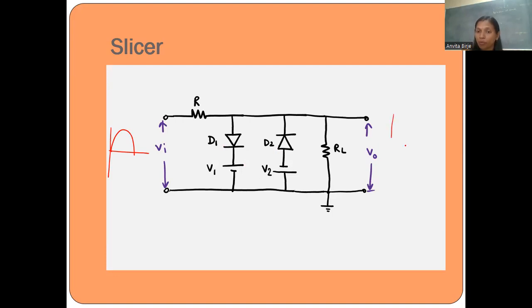So at the output, I'll get V0 equal to voltage drop across D1 plus V1 voltage. Here again I am considering V1 as 1 volt. So the value of V0 is 1.7 volt.